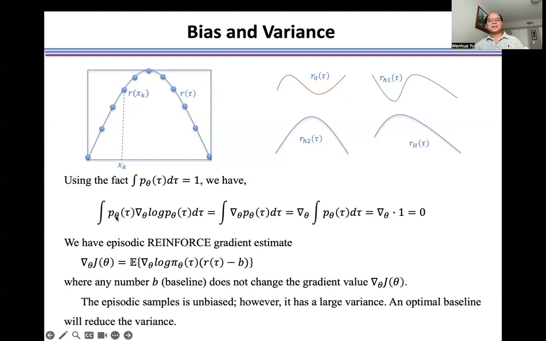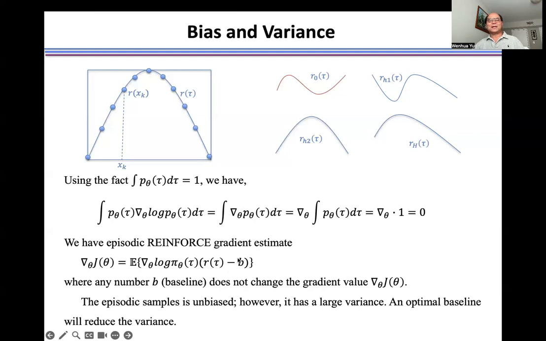If we check the formula, pi is a probability distribution, and we take its gradient and use the ratio trick. Here this integral equals 1 because it covers all the possibilities, so its gradient equals 0.